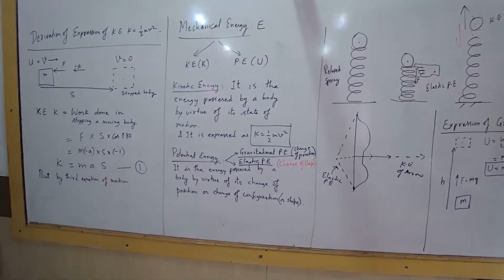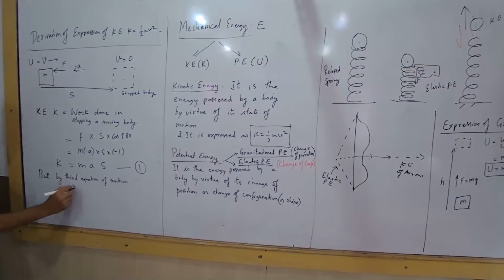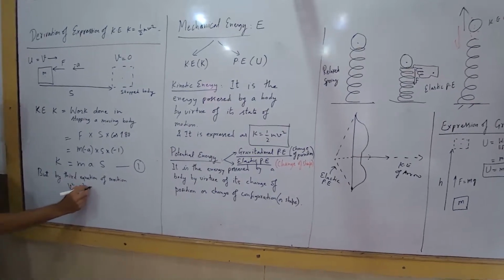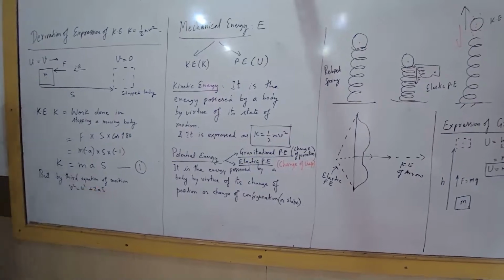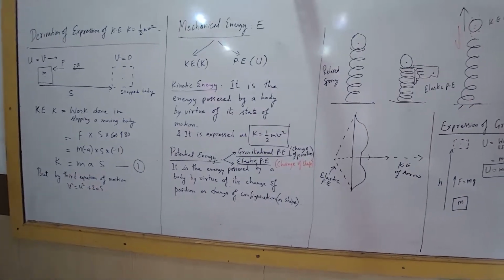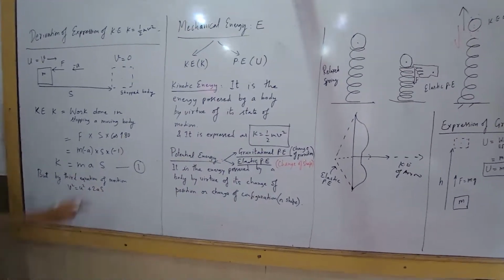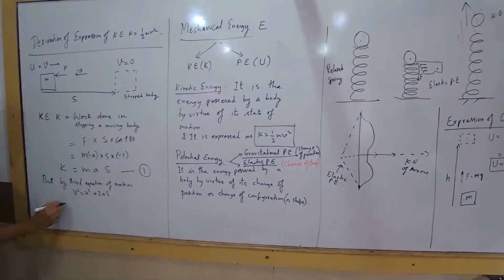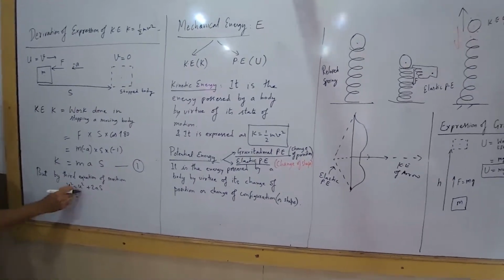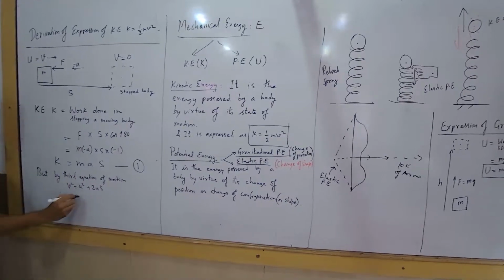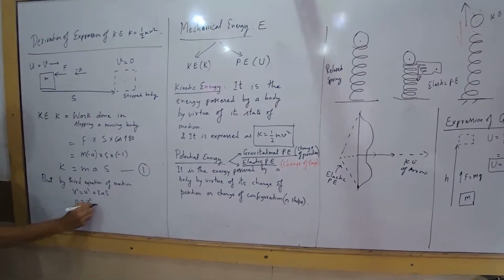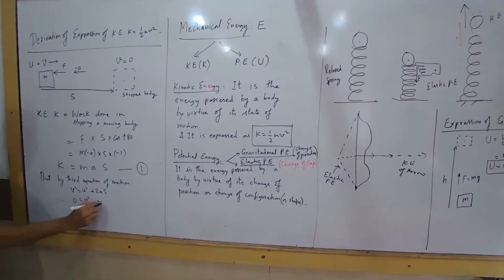What is the third equation of motion? V square is equal to U square plus 2AS. So what is V? 0. What was U? It was moving with V. What is A?